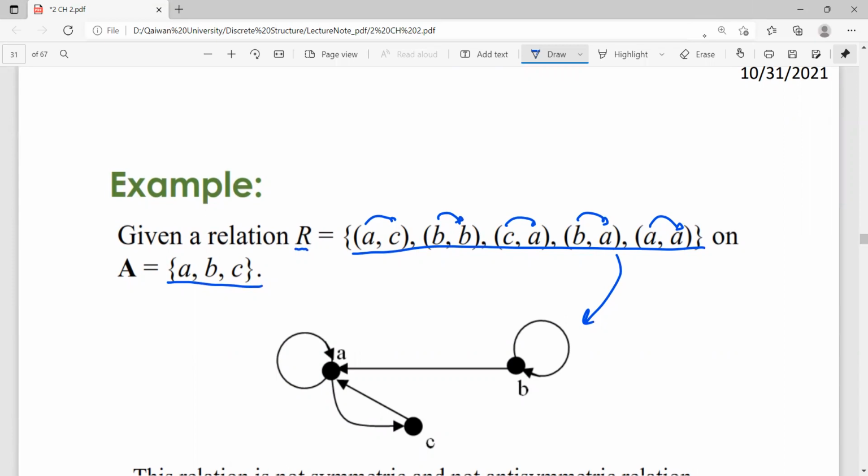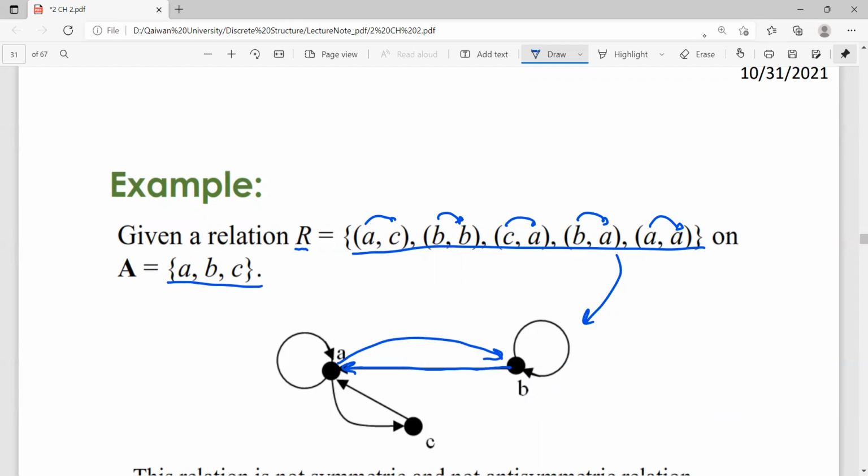Look, as you see here, we have an arrow from B to A, but we have no arrow from A to B.